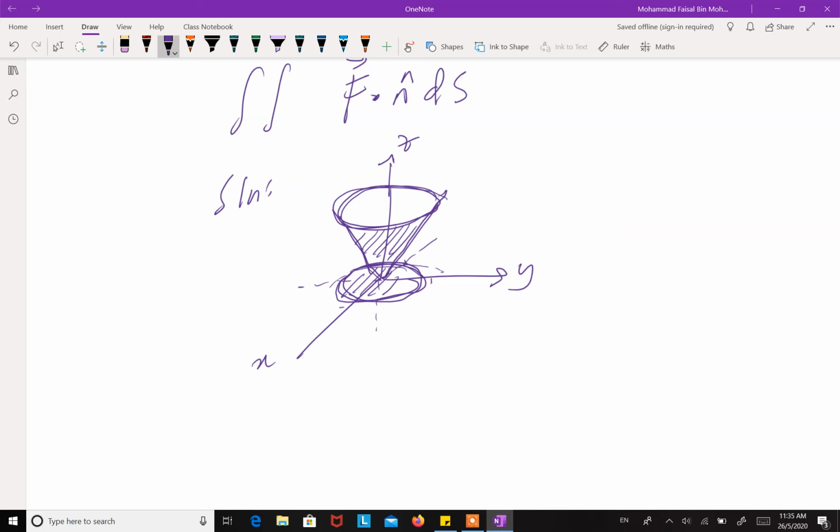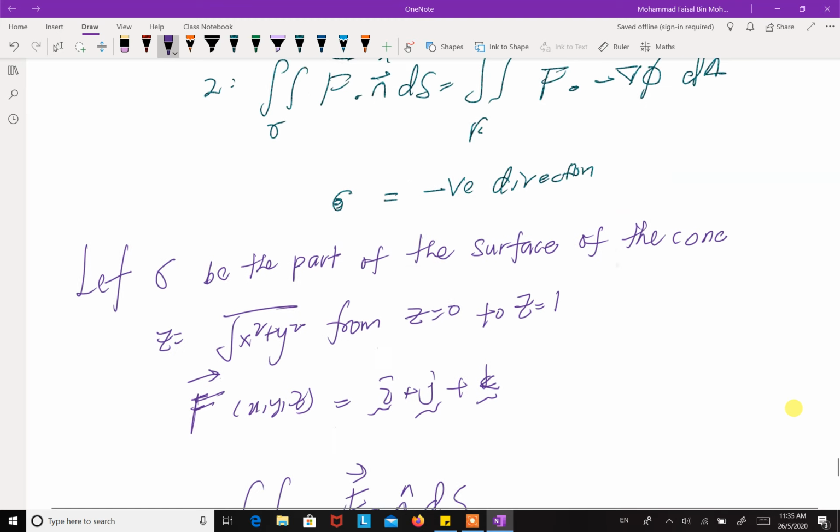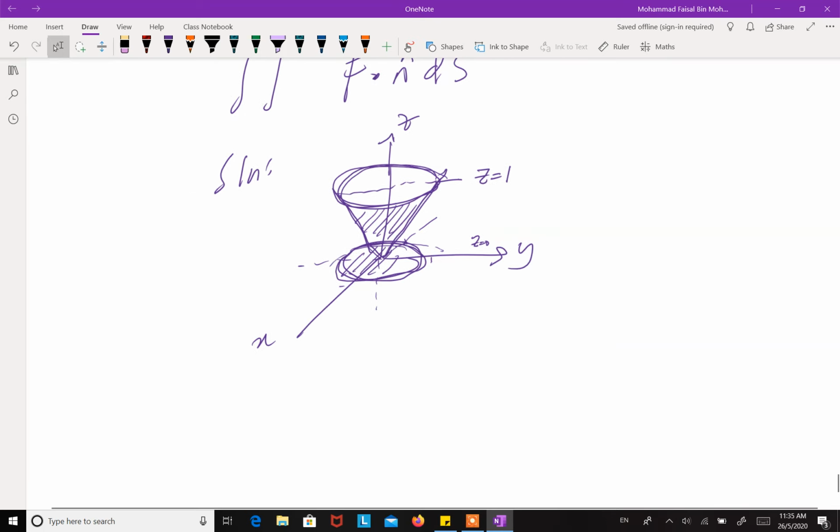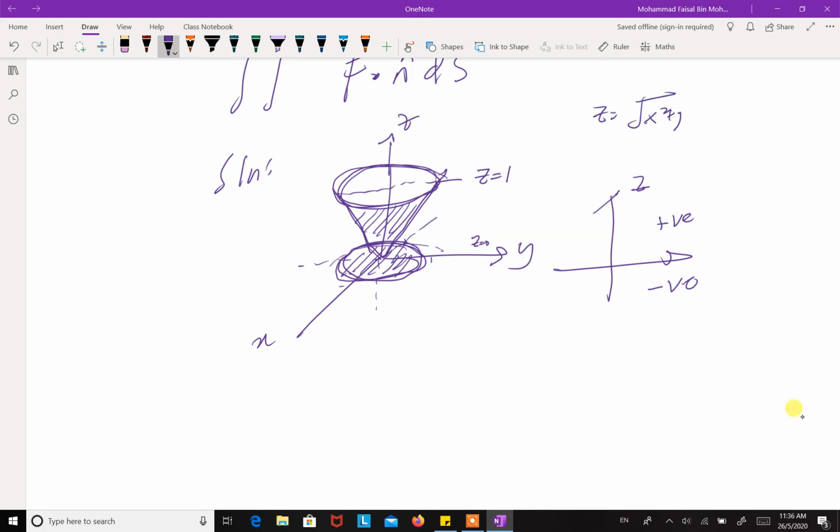We have what else they give? Z equals 0 and Z equals 1. So Z equals 0 is here, and let's say I put Z equals to 1 is here, as in the question. Okay, this is Z, and then this is positive Z and negative Z, and then we have Z equals square root of X squared plus Y squared.